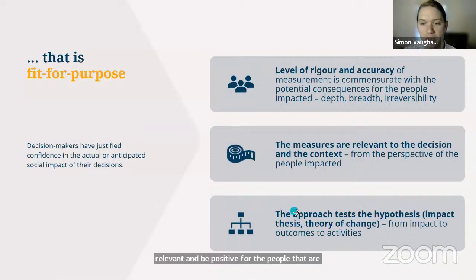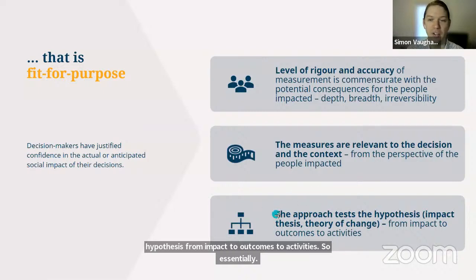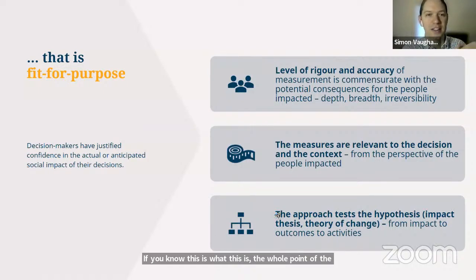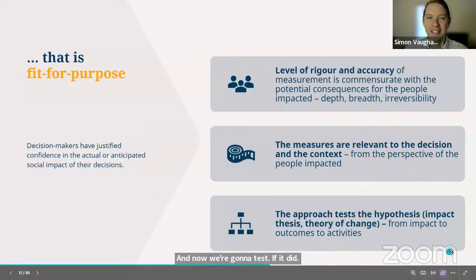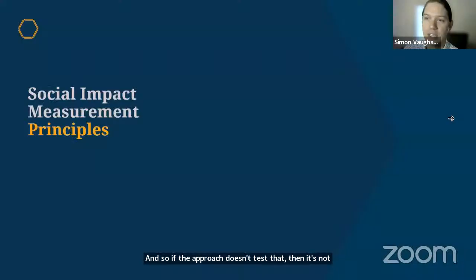And the most important thing is that the approach tests the hypothesis from impact to outcomes to activities. The whole point of the process is that we're saying we think this is going to happen, and now we're going to test if it did. If the approach doesn't test that, then it's not fit for purpose, so we always need to make sure we're going to get the answers that we want.